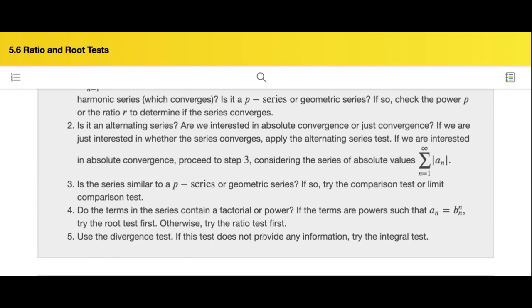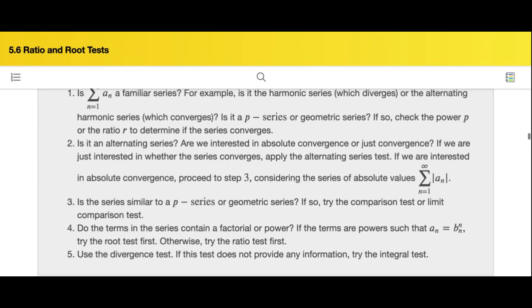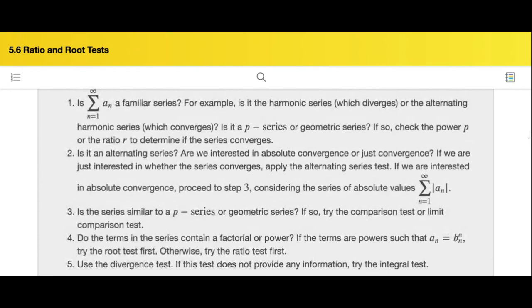So we have to try to remember all those tests. That's the annoying part of this chapter. We have to remember different kinds of tests, and then remember in what situation which one is better to apply.